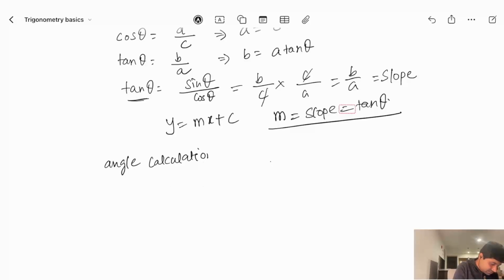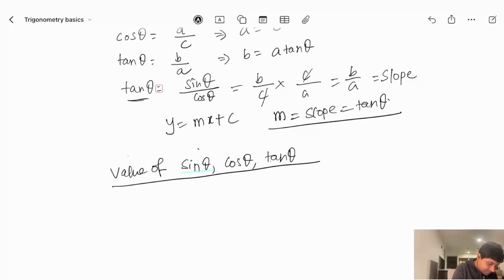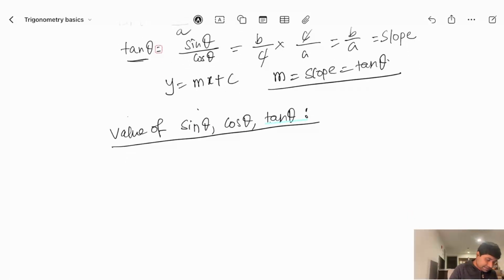or I should say the value of sin theta, cos theta, tan theta. Okay, let's think about a very simple example.